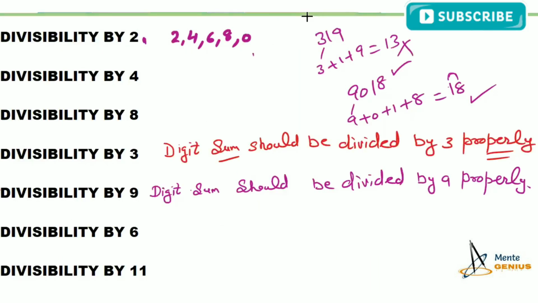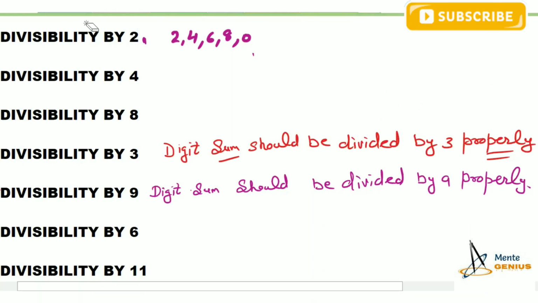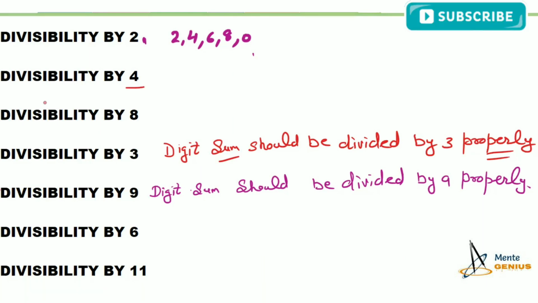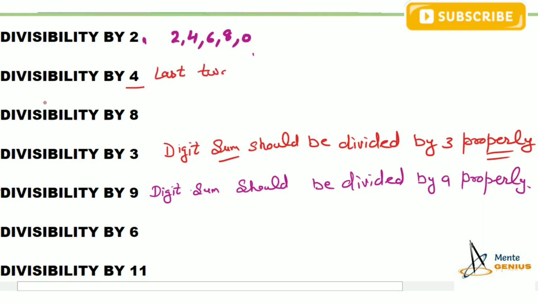For dividing a number by 4, you will check only the last two digits. If they are properly divisible by 4, the whole number will be divisible by 4.